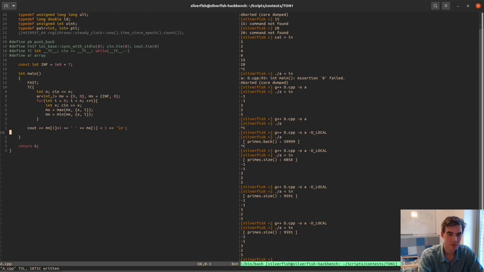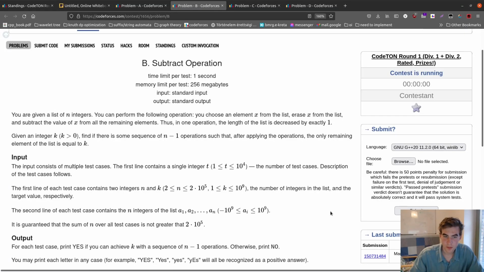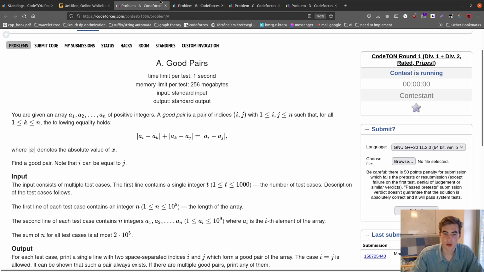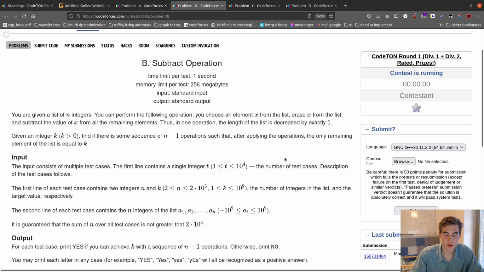Pretty simple. In problem B, it was once again sort of a constructive problem. We were given a list of n integers, and we were given an operation where we can erase an element from this array or this set of integers, and also reduce all other elements by the value of this element.